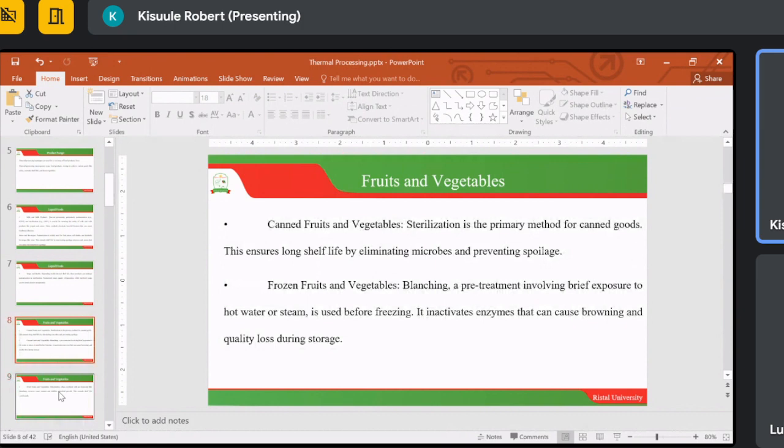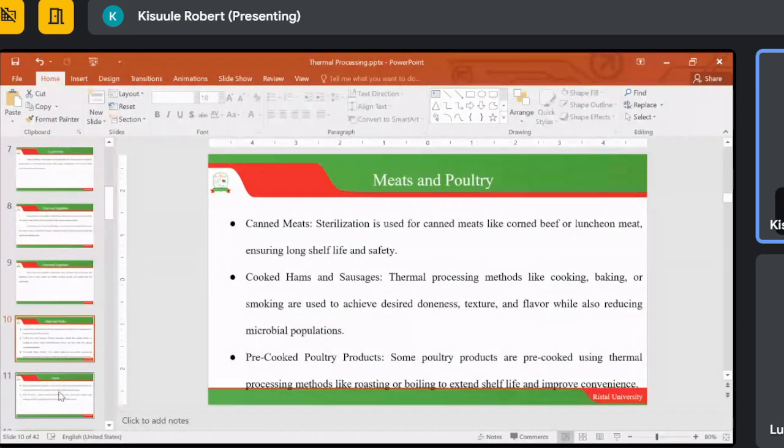For the cooked hams and sausages, here we are looking at thermal processing that involves our normal cooking, baking or smoking, all used to achieve desired doneness and qualities, such as the texture and flavor, while also reducing the microbial population. Some poultry products are pre-cooked using thermal processing methods like roasting and boiling to extend the shelf life and improve convenience.